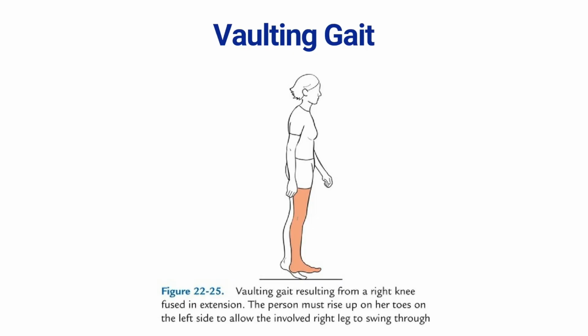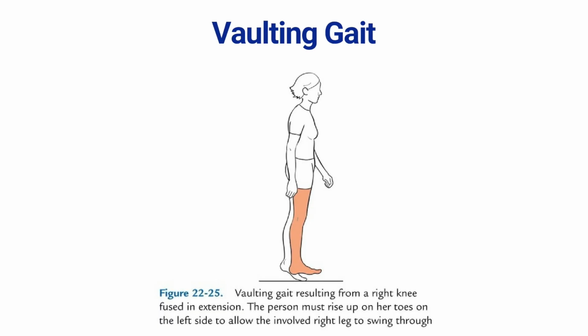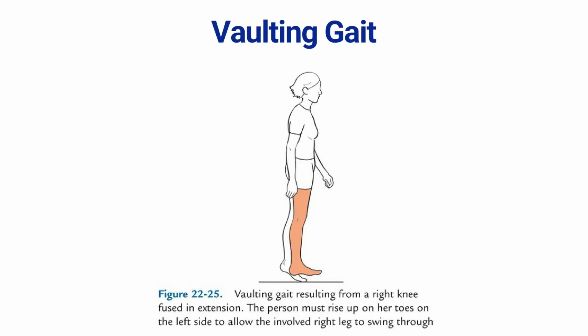Individuals often appear unstable with inconsistent step length and timing, and they have difficulty maintaining balance during walking. This gait pattern is most commonly associated with cerebellar involvement, as the cerebellum plays a key role in coordination. So when they have a problem with that, they will have problems with balance and also movement timing.